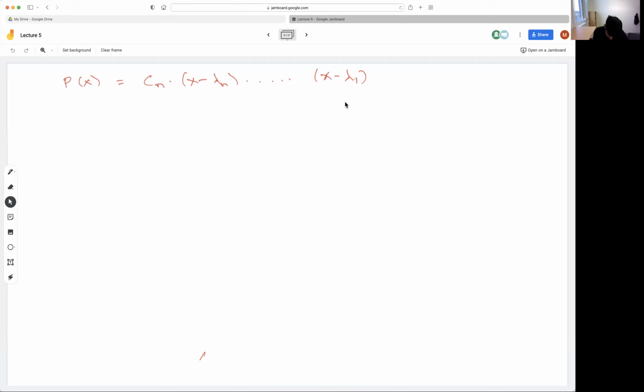And by what we said in the previous example, we can also get that Cn times, if we apply these transformations one by one to v, this is the same as computing this polynomial that we just wrote down.